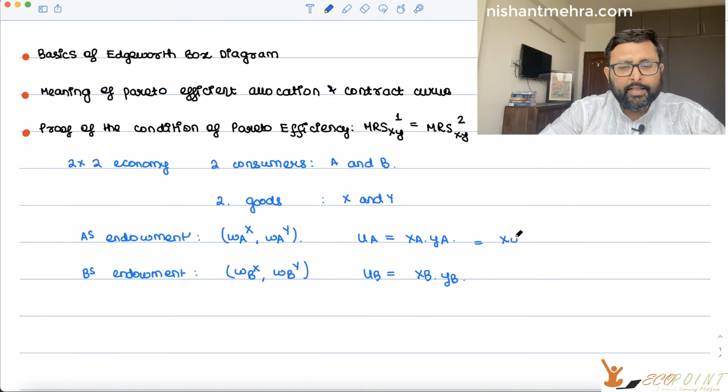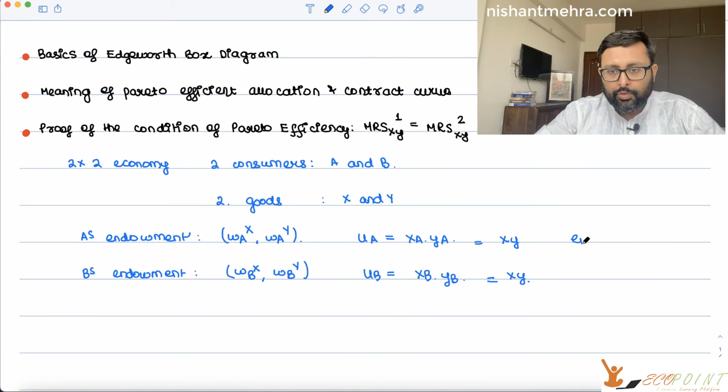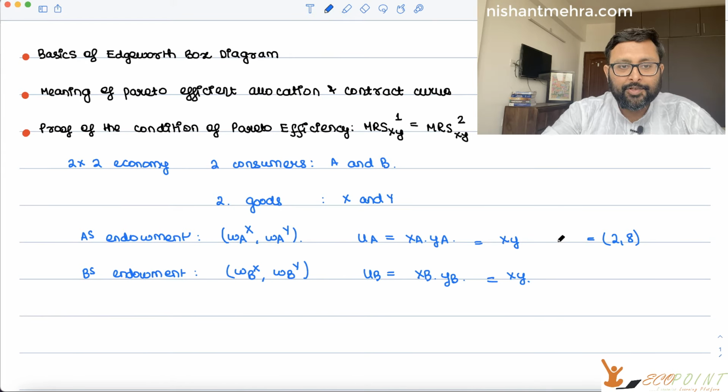I will generally write this as only XY and this as XY, so I won't be writing the subscripts again and again. And let's say the endowment of individual A is (2, 8), I'll write EA, or you can write WA. Endowment of individual B is (8, 2).